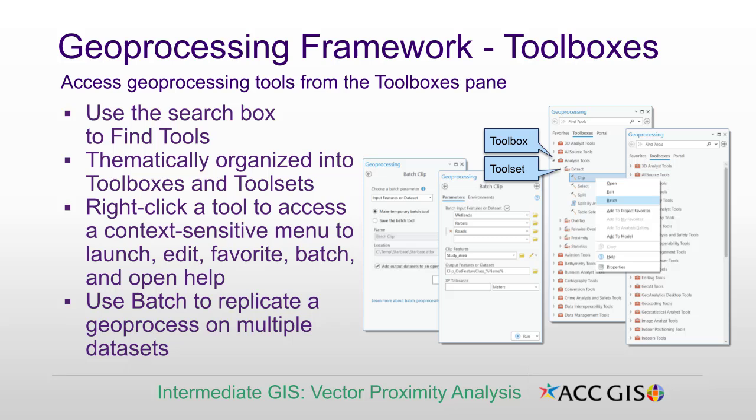And then that allows me to set different parameters for the batch parameter I selected. So in this case, I want to use the same clip, which is the study area, but I want to change the input features. So I set the input features as my batch parameter, and then I select multiple different layers and click run, and it will clip all of those layers at once and output them where I tell it to.